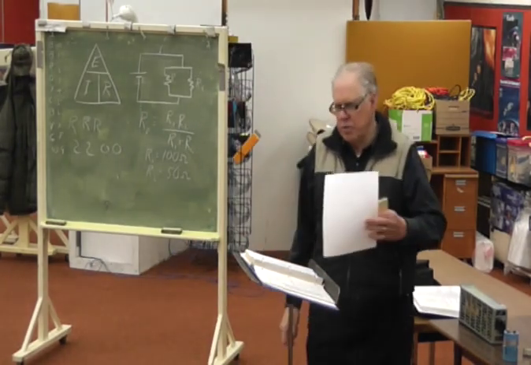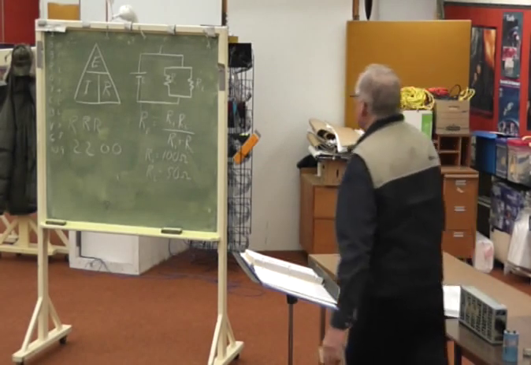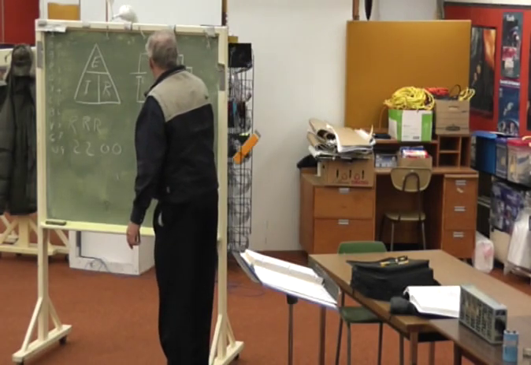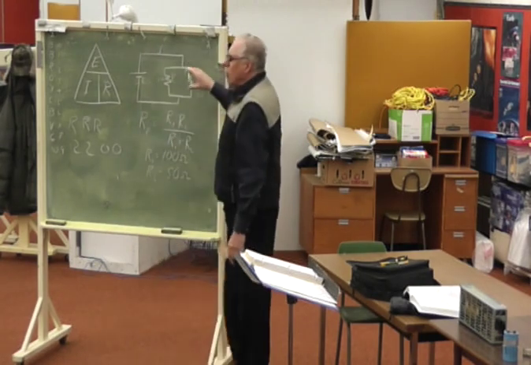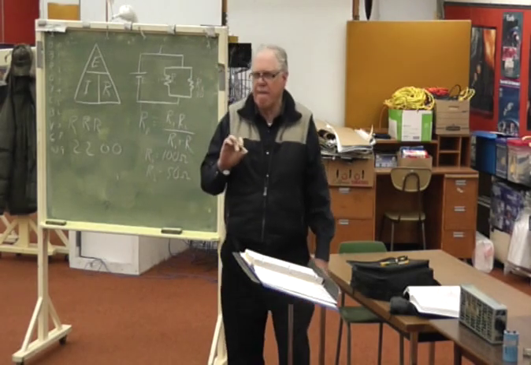Okay, let's say we've got two resistors there. One is 100 ohms, one is 50. Make this one 100, make this one 50. What is the total resistance there?